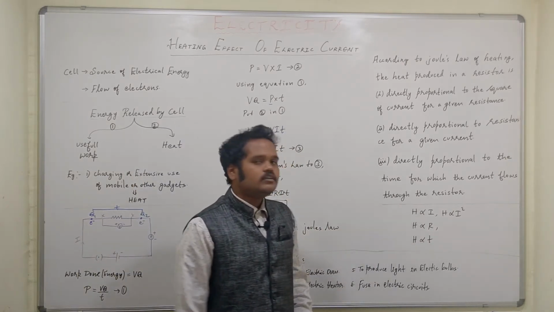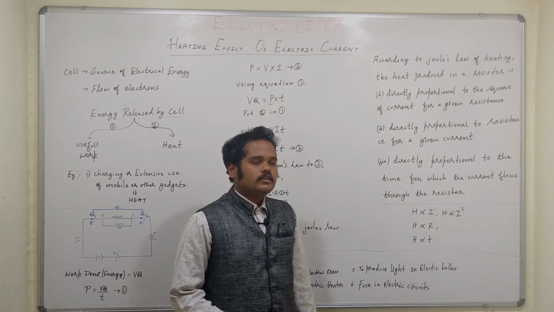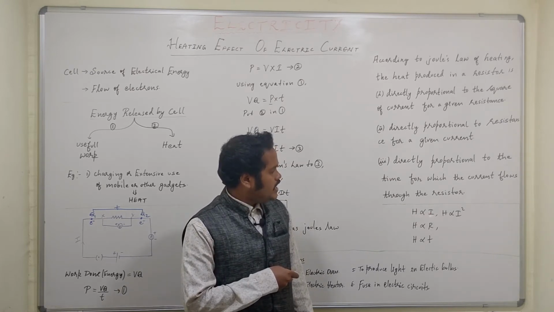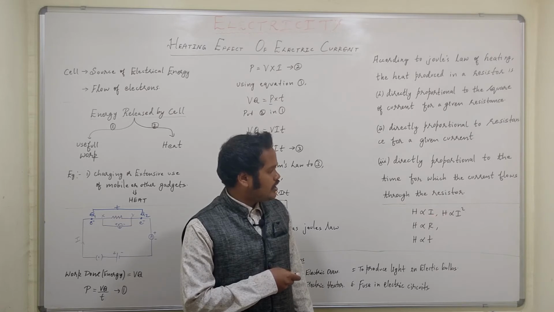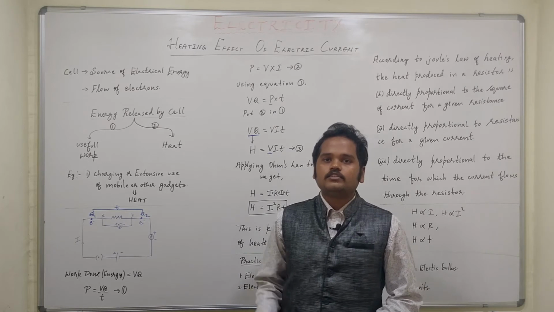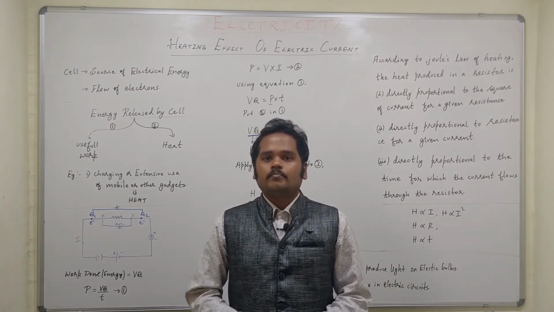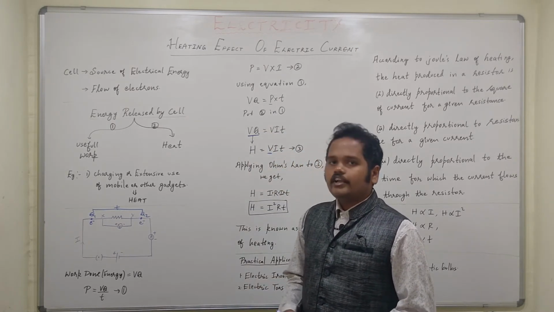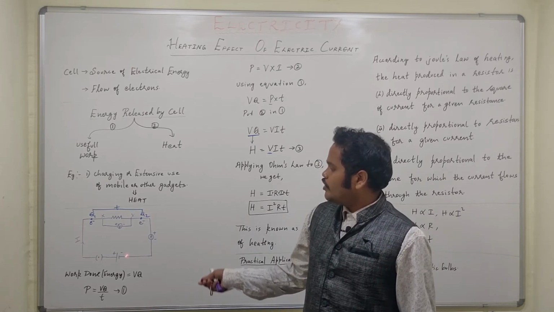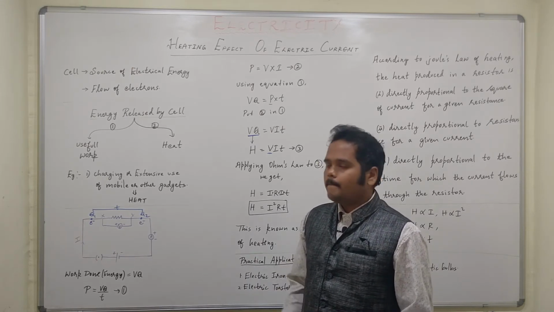Now let us consider the first assumption, that heat is directly proportional to current or square of current. How is it true? Let us make this assumption into a practical understanding. Now let us say the electric current I is flowing because of this particular battery.